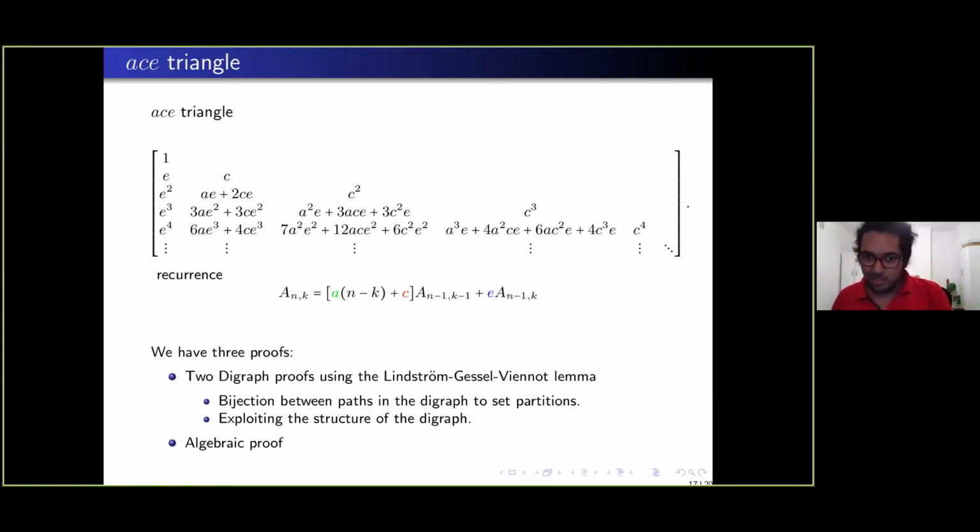Most of the time it doesn't go that far, but let's say it's true till 9 by 9 or 10 by 10, and then maybe in 11 by 11 it's the lower left minor that fails. It's not the entire thing, because the determinant of the entire thing is just the product of the diagonal entries, which is non-negative. But if you remove the 0th row and the last nth column, you look at the lower left minor, and that turns out to be the bad one.